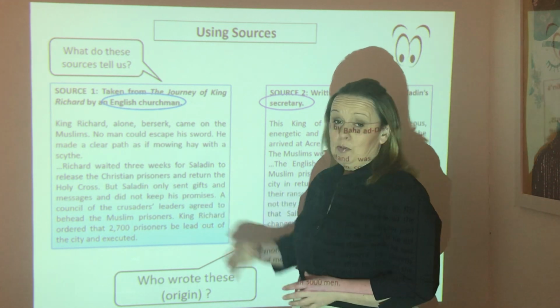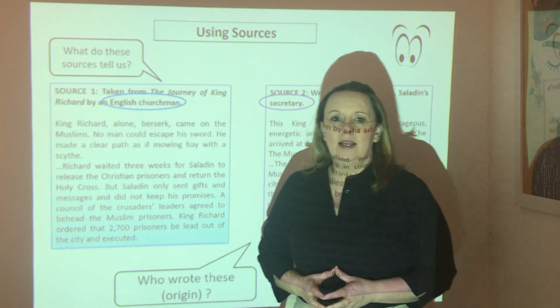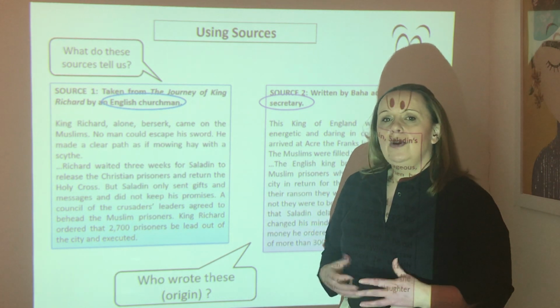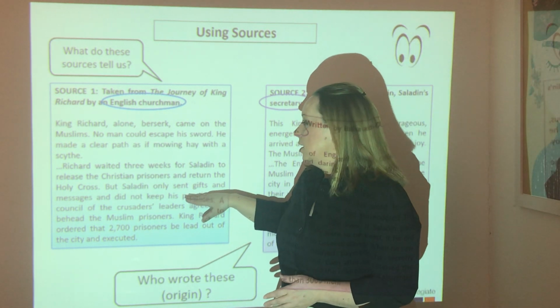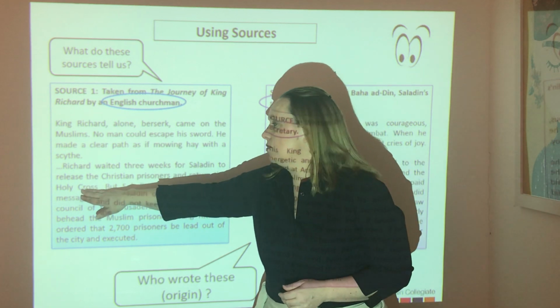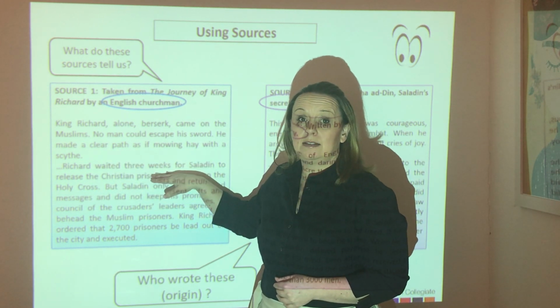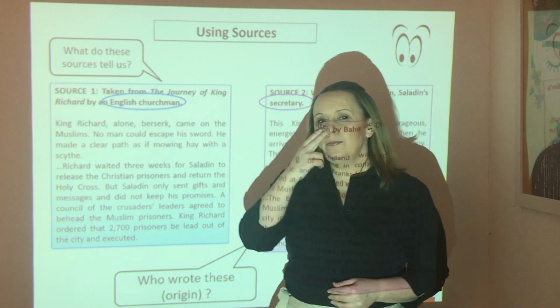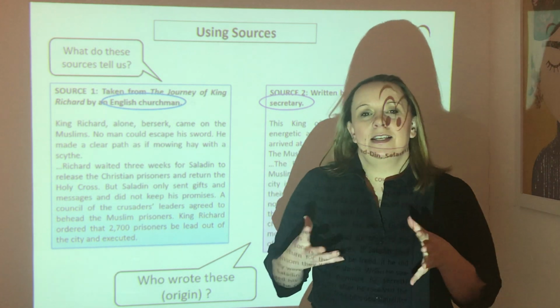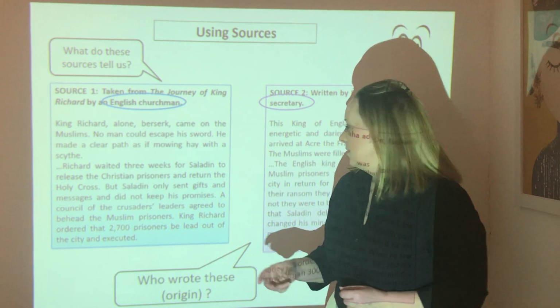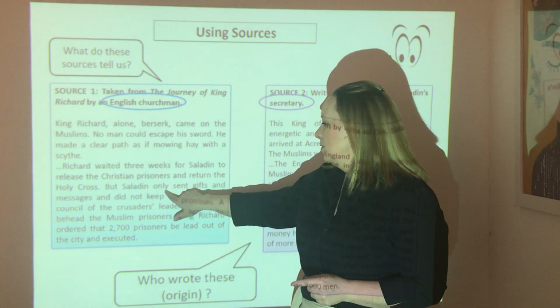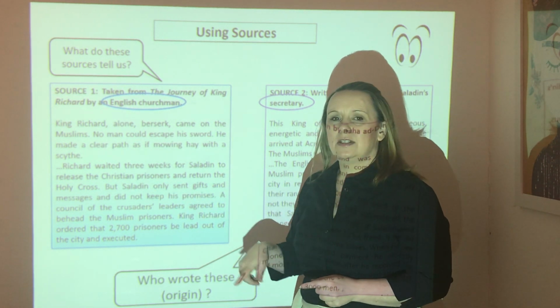Well, we don't know what those promises were at this stage, do we? But without knowing that, we will presume that he's promised to release the prisoners and the cross because Richard waited for that. So if somebody breaks their promises, suddenly they're not such a great person, are they? But there's a confusing bit here, sent gifts and messages.